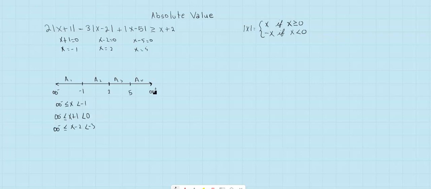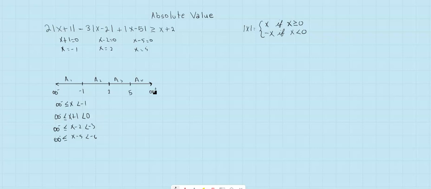It makes no changes. Then we get x minus 5, and if we add it to the negative 1, we have negative 6, and it will make no change to the negative infinity right here.